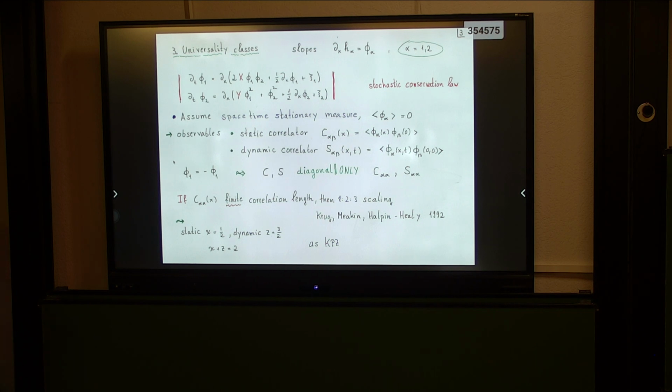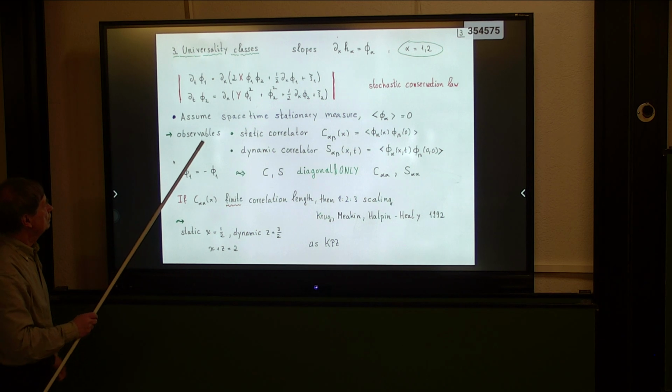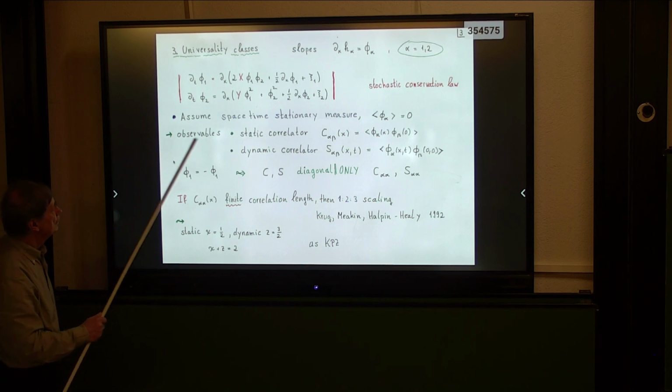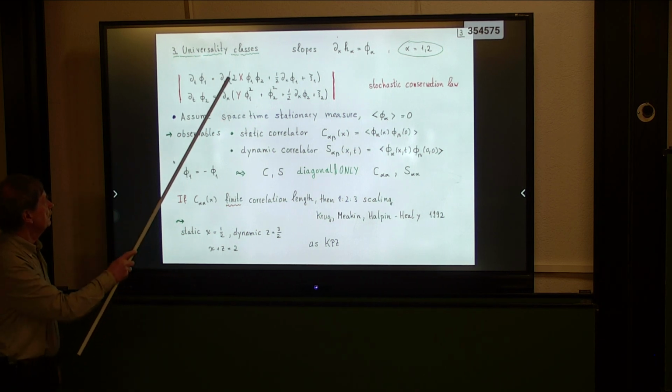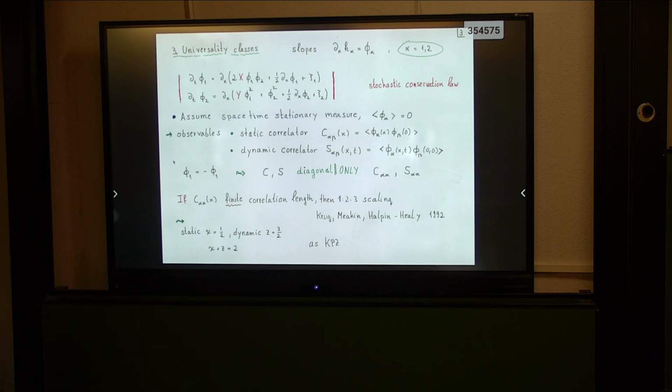Now we did numerical simulation, and very strongly suggest that if I put here some x and y, let's say for that argument I have to require that both of them are strictly positive.